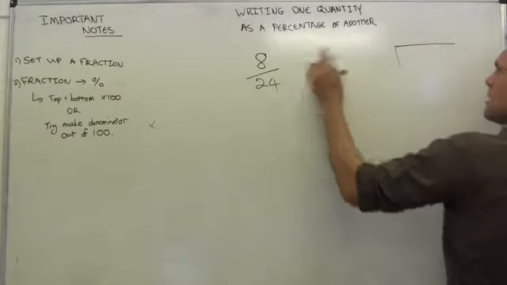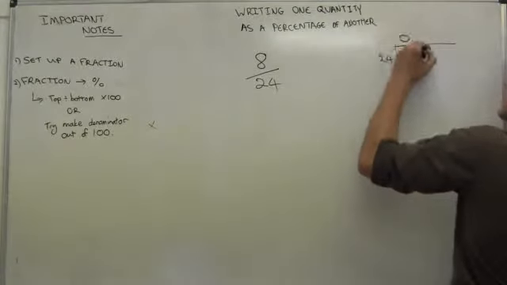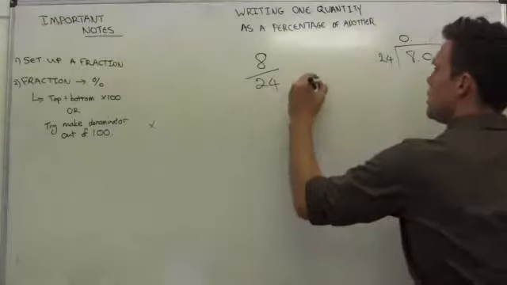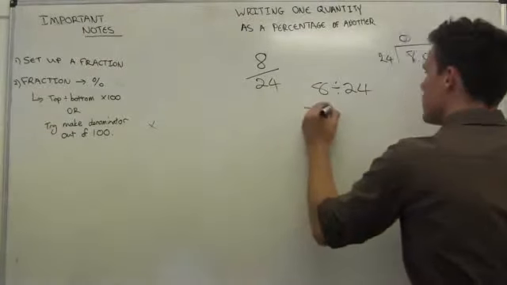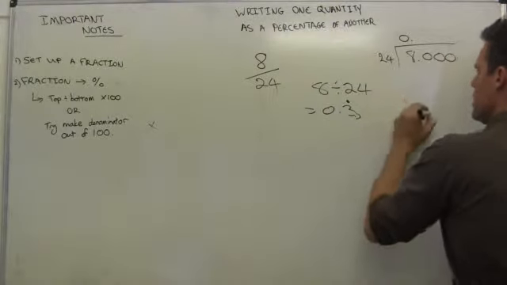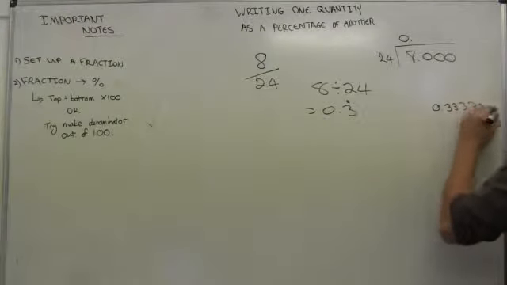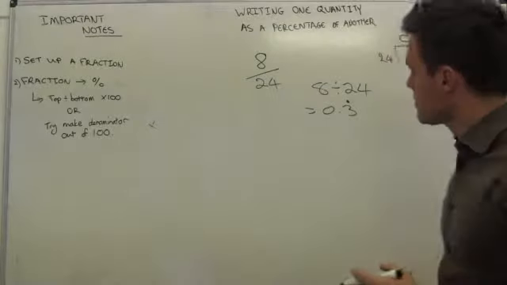So I'm going to set it up. 8 divided by 24. And it doesn't go, so I add my zeros, and so on. Now, I happen to know that 8 divided by 24 is going to give me 0.3 recurring. That's the same as 0.333333, etc. So I'm not going to bother doing that.